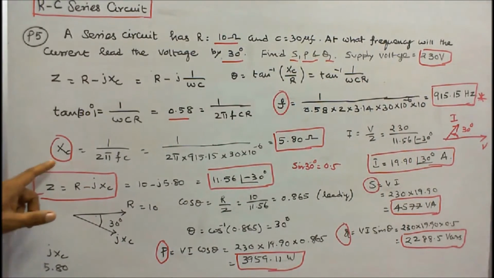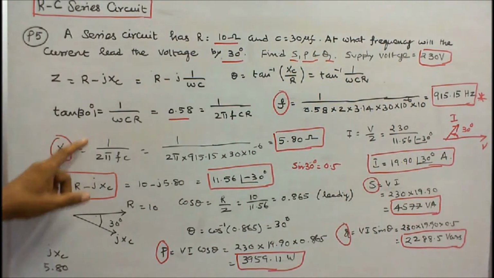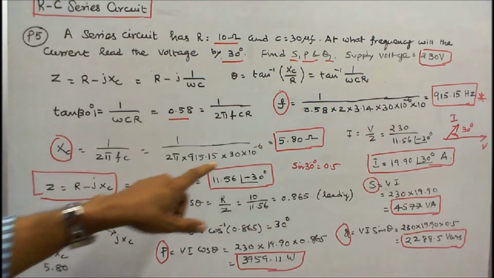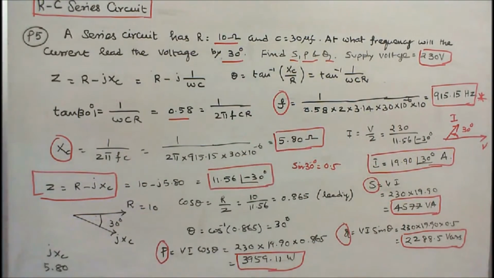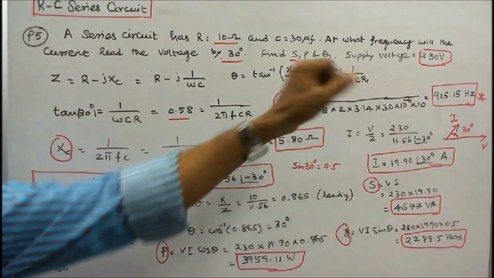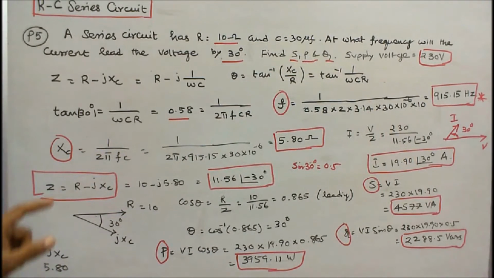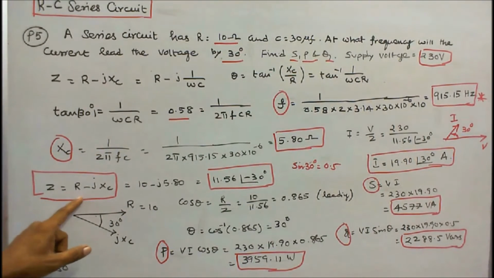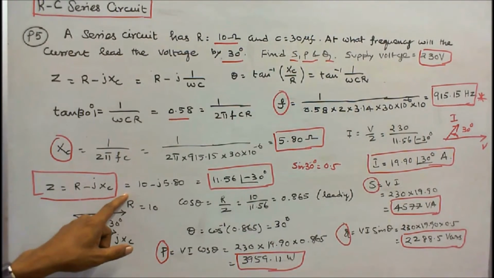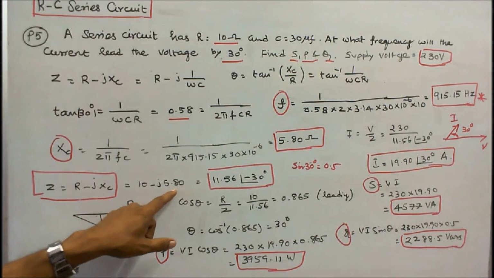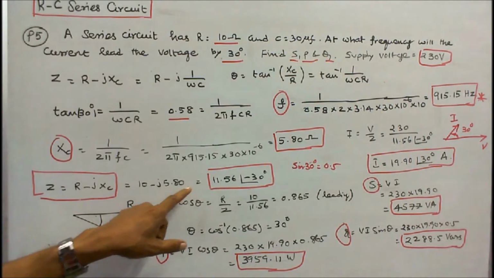I can find capacitive reactance Xc = 1/(2πfC) = 5.80 ohms. I know the voltage 230 volts and I know the impedance Z. Z = R − jXc = 10 − j5.80 in rectangular form.